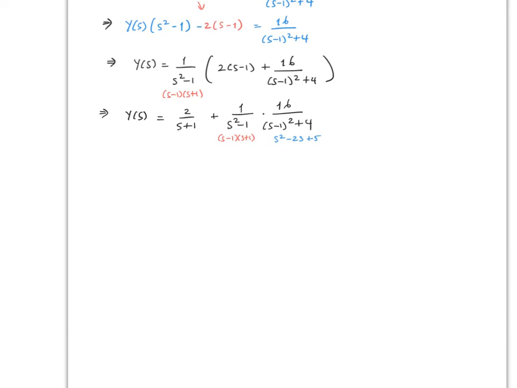You're going to need A over s minus 1 plus B over s plus 1, and then plus Cs plus D over s squared minus 2s plus 5, since this one cannot be factored the way it is, and you want all of this to equal 1 over s minus 1 s plus 1 times 16 over s squared minus 2s plus 5.